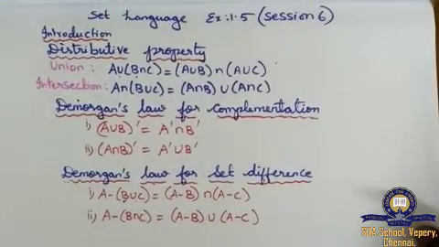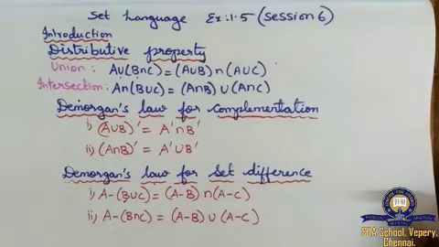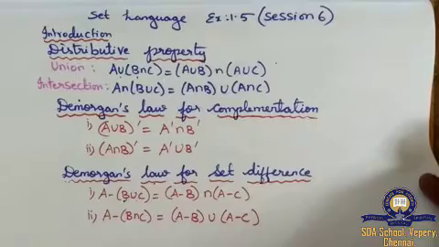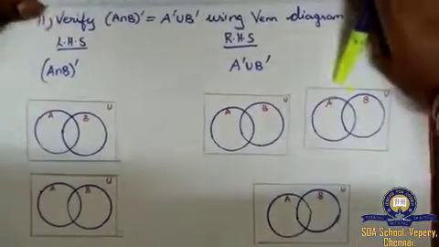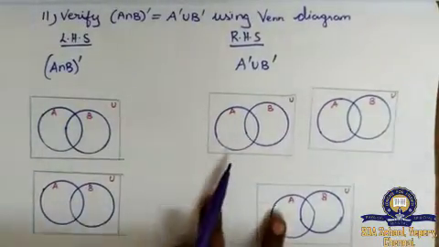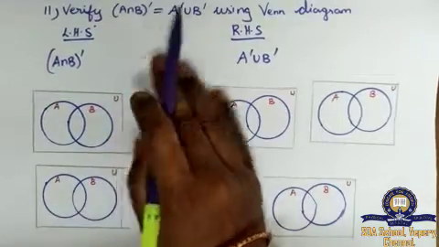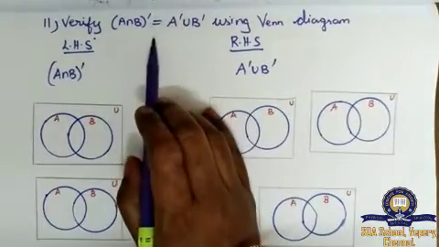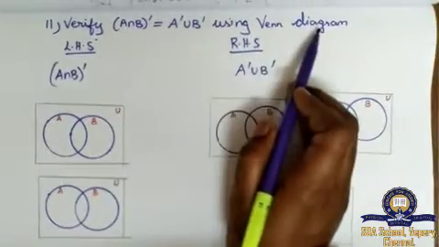So using these properties, we are going to do Venn diagrams. In exercise 1.5 we have totally 4 sums based on Venn diagrams. First we'll do the 11th sum. This one we have already done: verify A intersection B the whole dash is equal to A dash union B dash using Venn diagram.